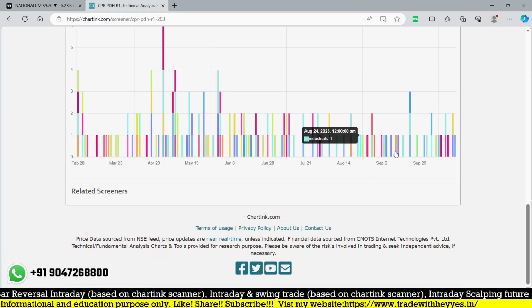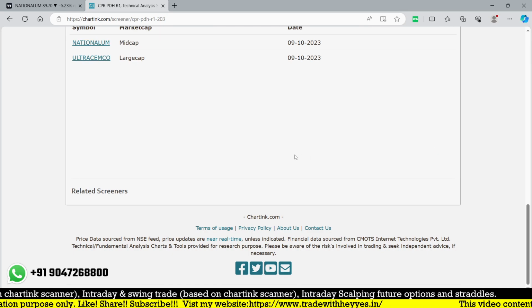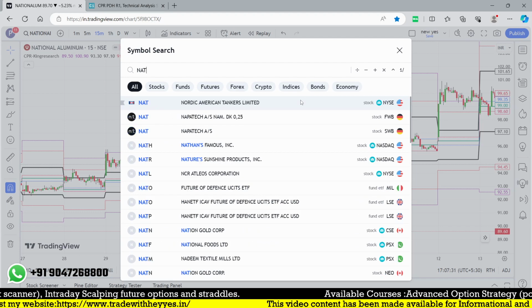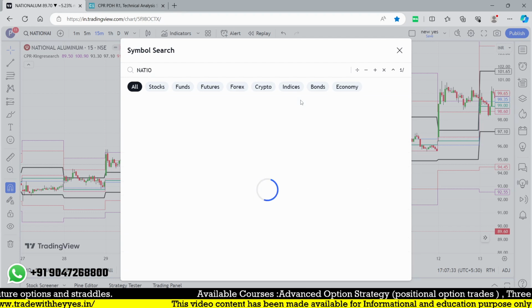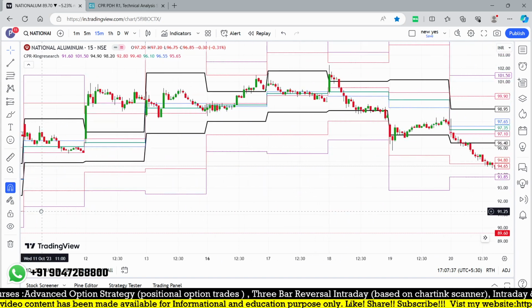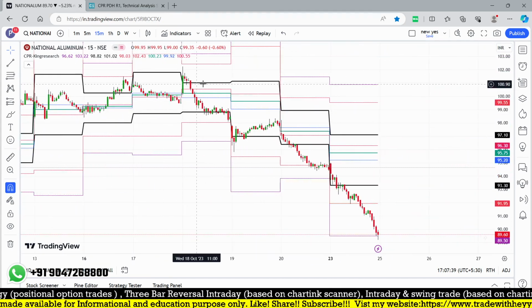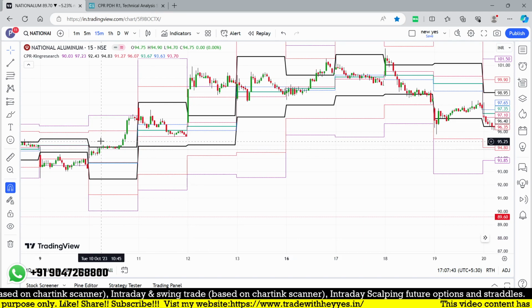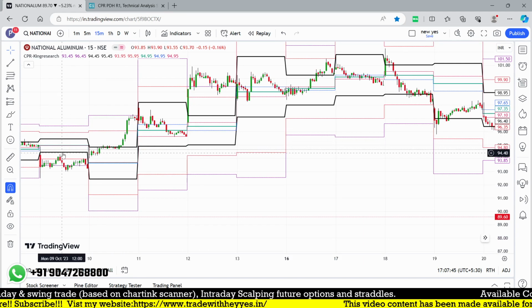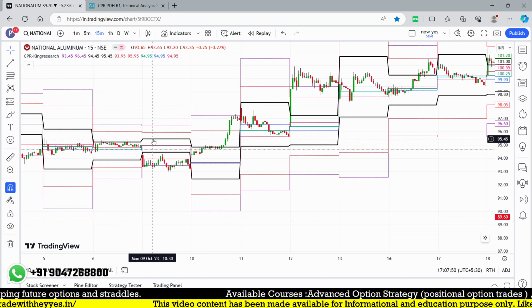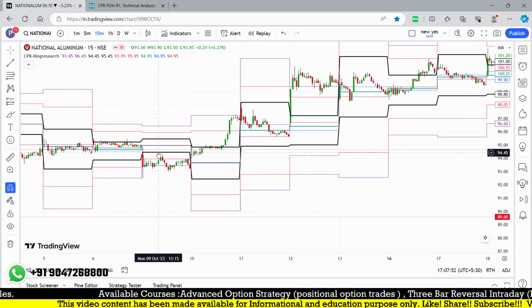Even a lot of stocks randomly we can check at this point. So National Aluminium on 9/10. The same stock also, another one more time. National Aluminium 9/10. Look here. Yeah, here you can see the high is equal and the low is equal to the previous day.